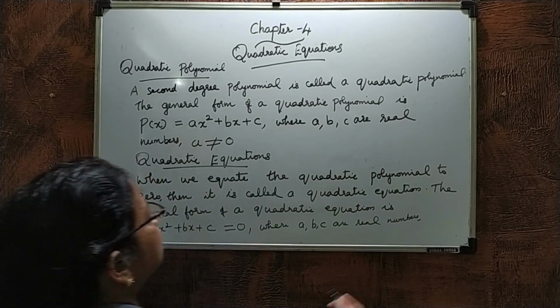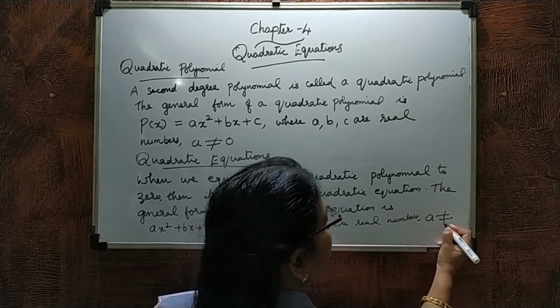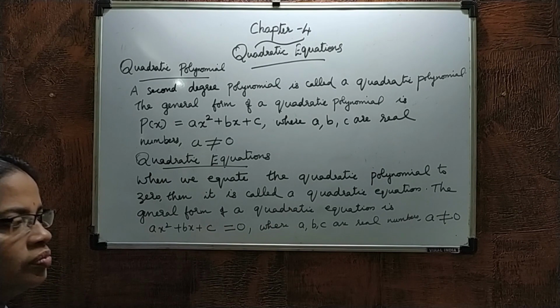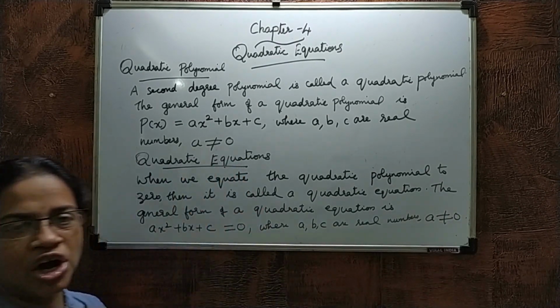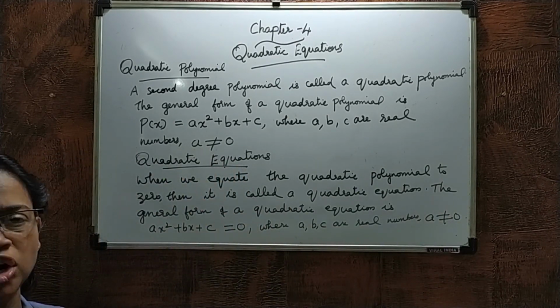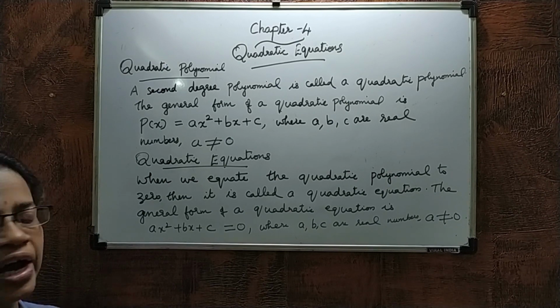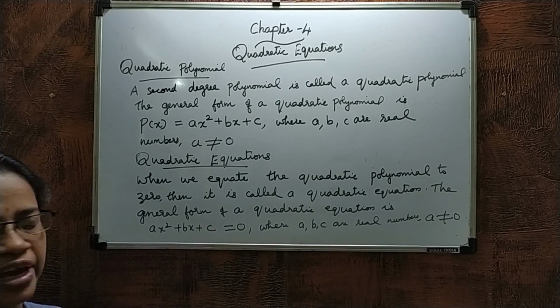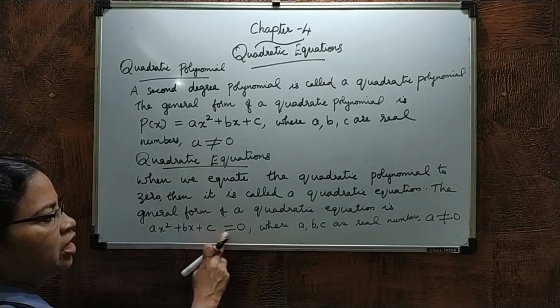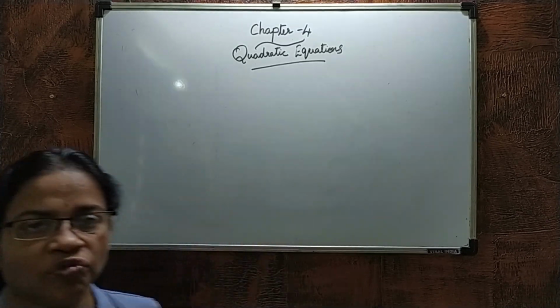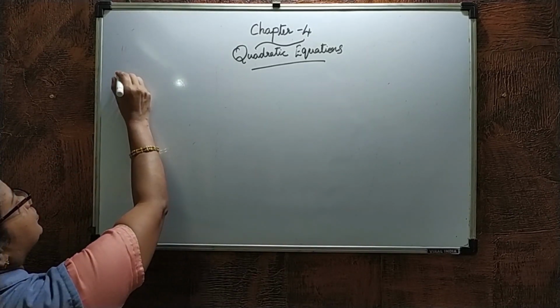And a should not be equal to 0. This is the thing you have to remember. Quadratic polynomial ax square plus bx plus c, and the equation, quadratic equation means ax square plus bx plus c equal to 0. We will write some examples.